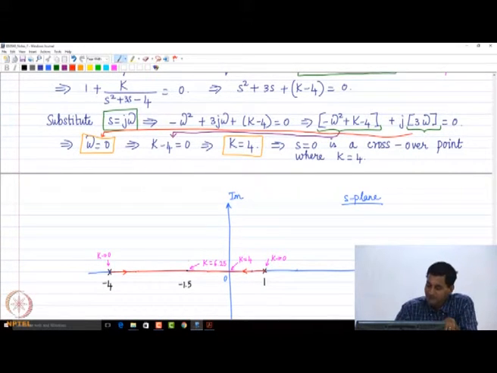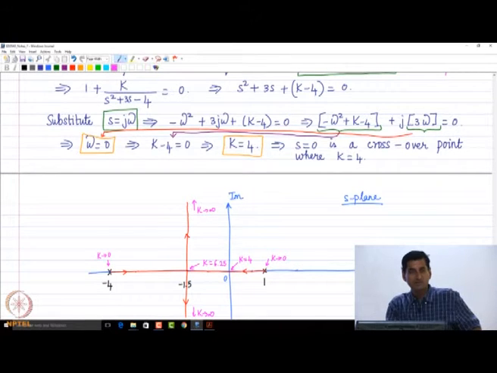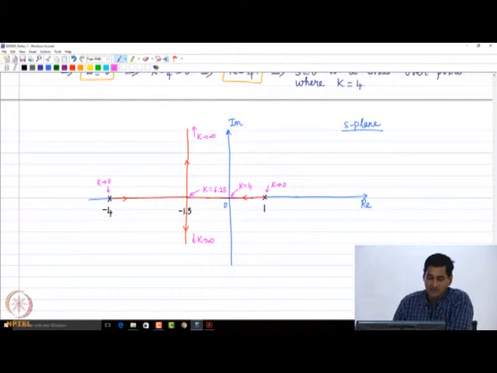So, what we will have in this problem is that one branch will just take off vertically upwards and another branch will just go vertically downwards. So, this is what happens as k tends to infinity. This is how you should mark the root locus and mark all the critical points and so on, right. So, that is the complete root locus for this particular problem.